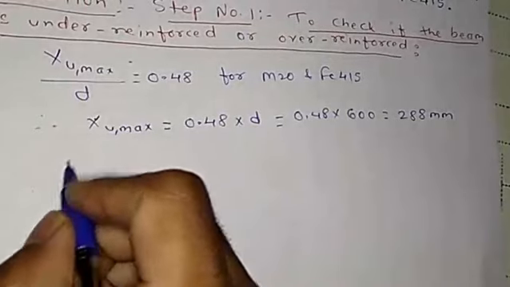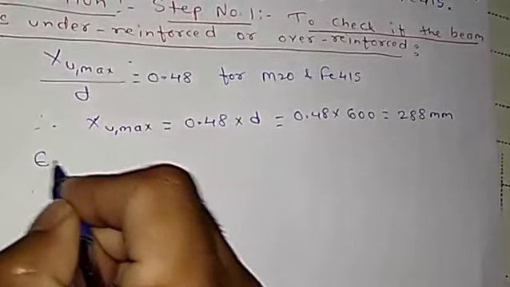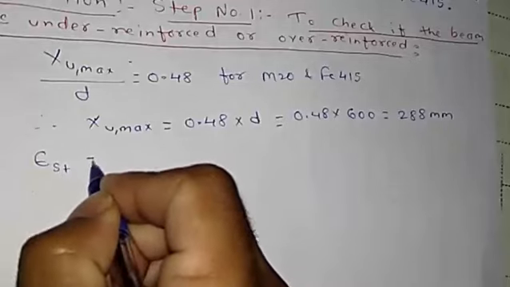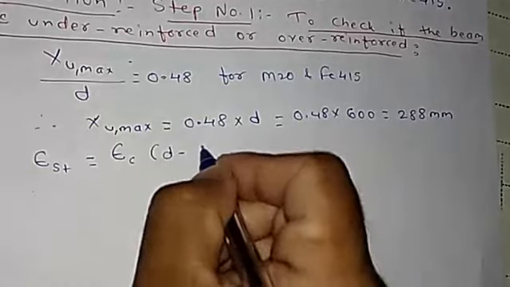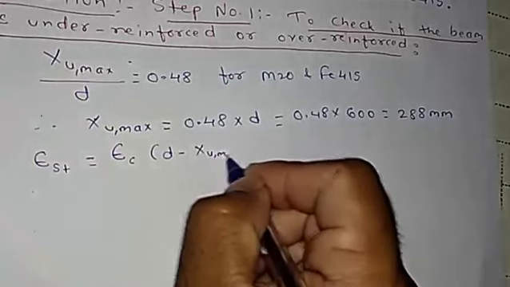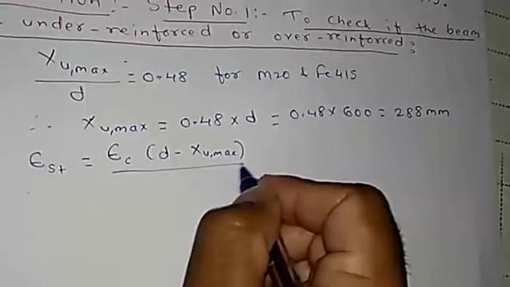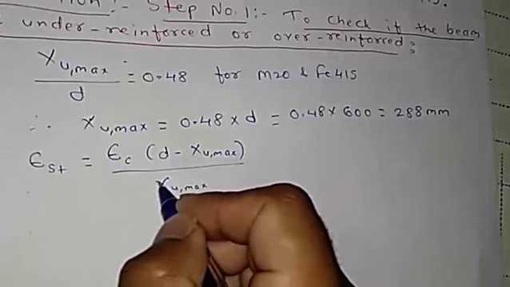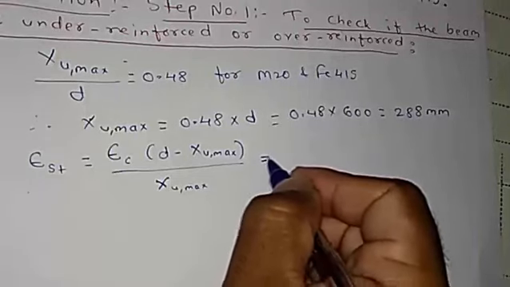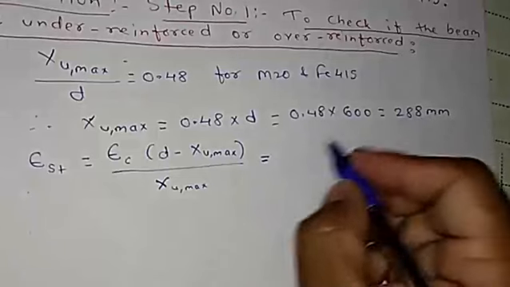So we'll first of all calculate the tensile strain, epsilon st, which equals the compression strain into d minus xu max divided by xu max. This is a direct formula which we have just taken from a book. We will get it from any book.